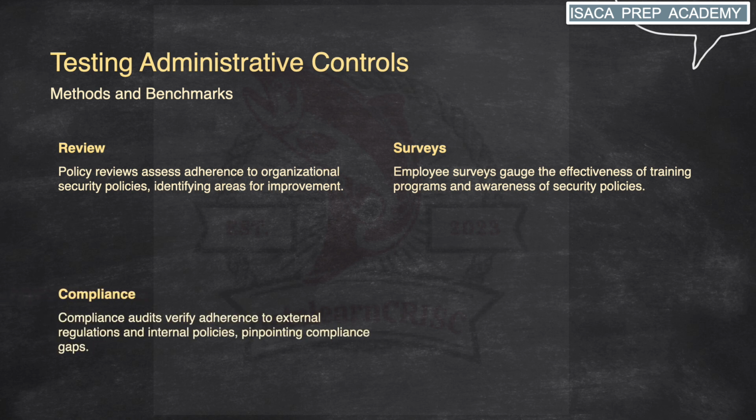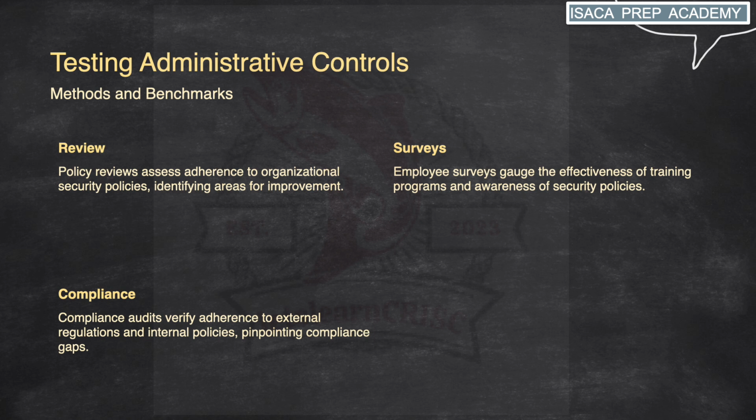Next, about compliance. Friends, compliance audits are an essential process for verifying adherence to both external regulations and internal policies within an organization. These audits systematically evaluate the organization's practices and procedures to ensure that they align with relevant legal requirements, industry standards, and internal policies.